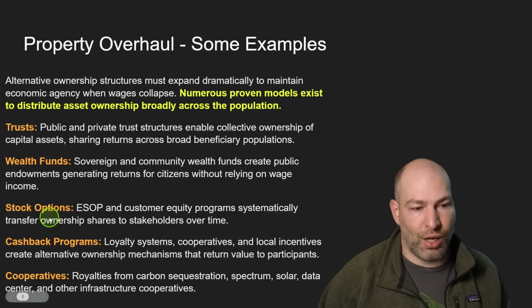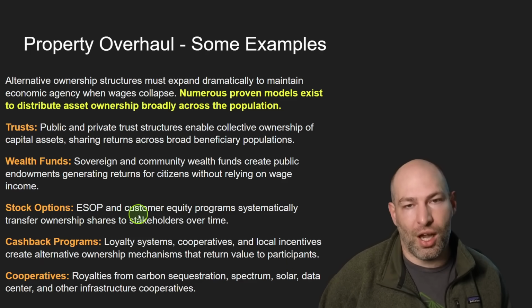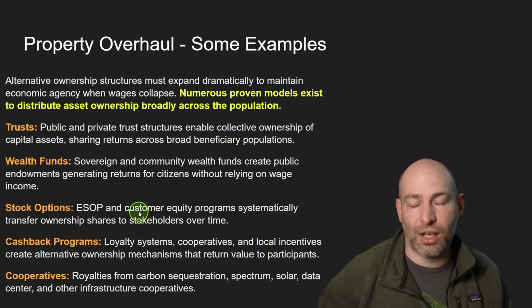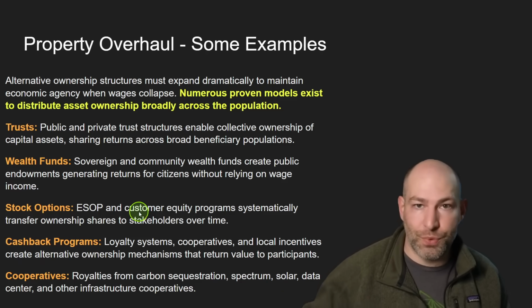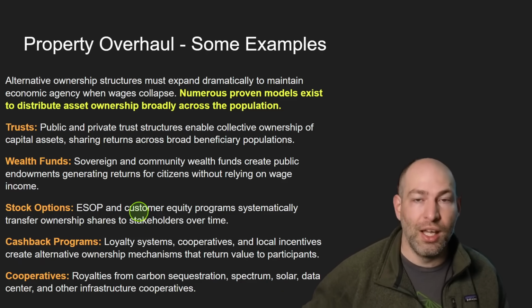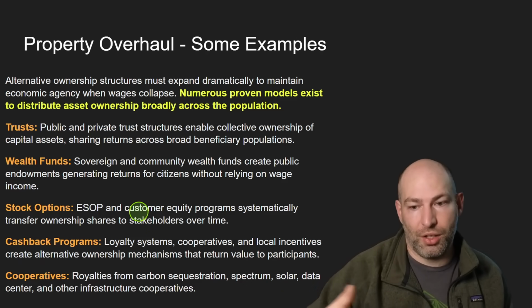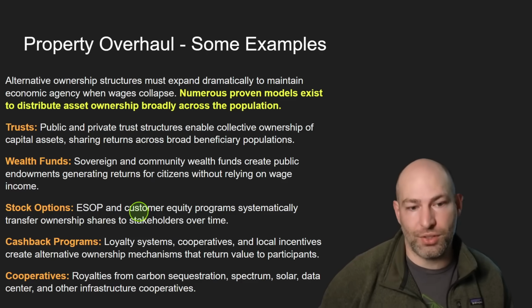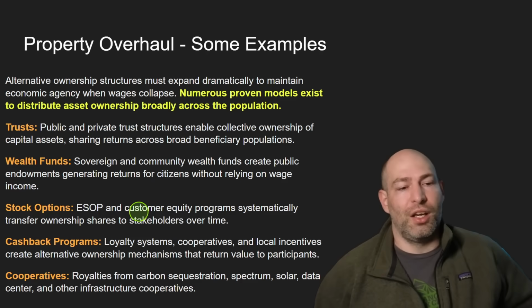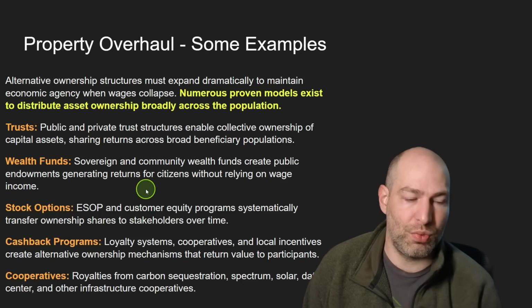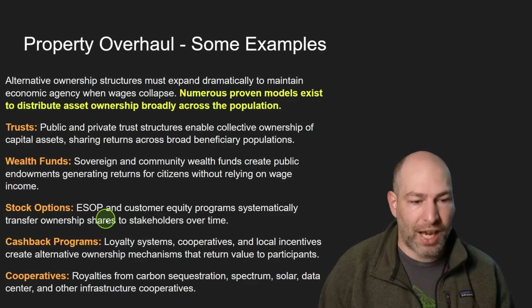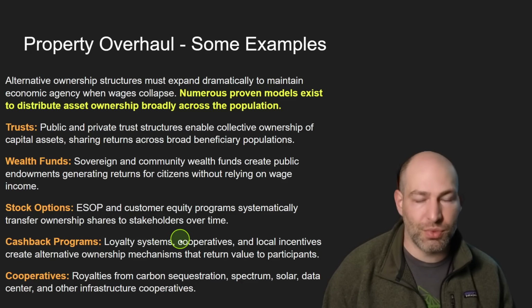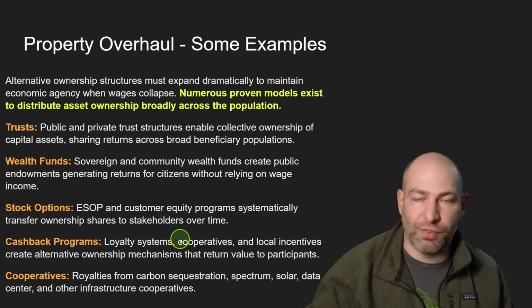Another one is where you'd have transfer ownership via taxes. So basically, a company could pay some of their taxes, their corporate taxes, in the form of shares given to wealth funds. Particularly non-voting dividend-generating shares would be the ideal way to go. Cashback programs such as loyalty systems. So that's like your credit card and your flyer miles and stuff.